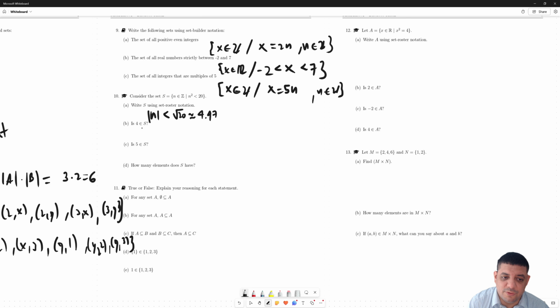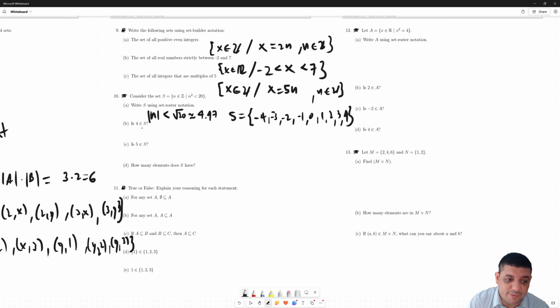But we're using integers, so that's pretty much going to be less or equal than 4. So S is going to be the numbers between -4 and 4. So -4, -3, -2, -1, 0, 1, 2, 3, and 4. This will be my x's.